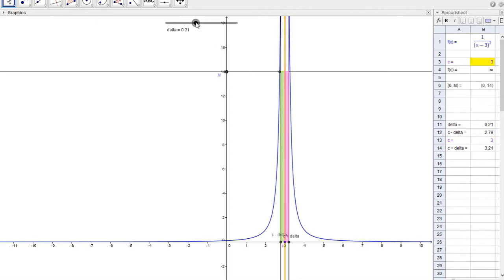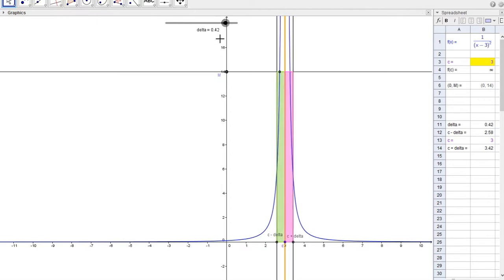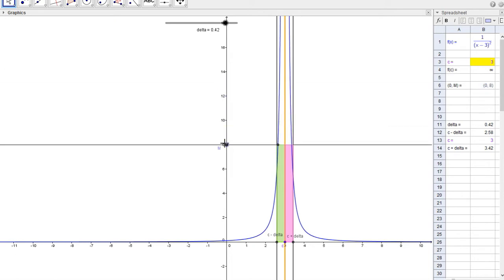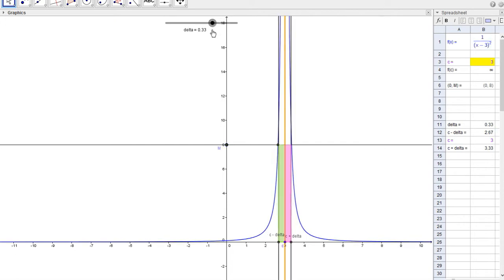Similarly, we just look at the green rectangle, and again, it doesn't matter where we start, let's say we start here. Some of this graph is in the green rectangle, so we do not have an appropriate delta. We need a smaller one. Get a little bit smaller delta, and now all of the graph is outside of the green rectangle, so if we take x's in here between c minus delta and c, all the y values here are up, looks like from about here up.